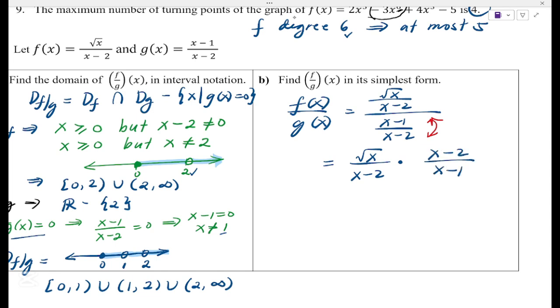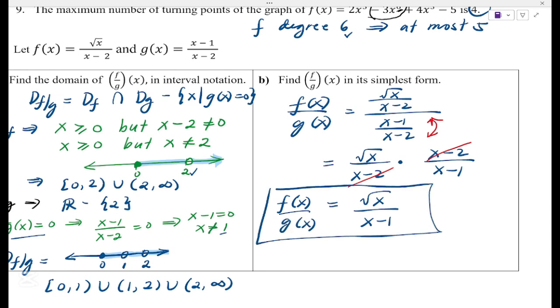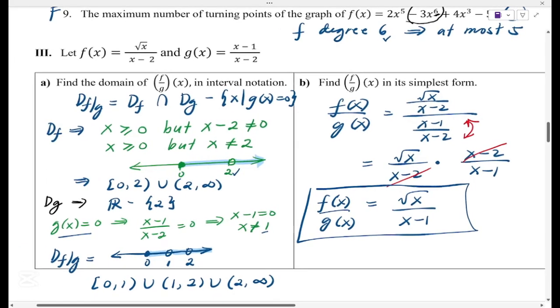Then we can cancel this x minus 2 because they are common. So f over g is simply the square root of x over x minus 1. This is the final answer in simplest form, because we cannot simplify this anymore.